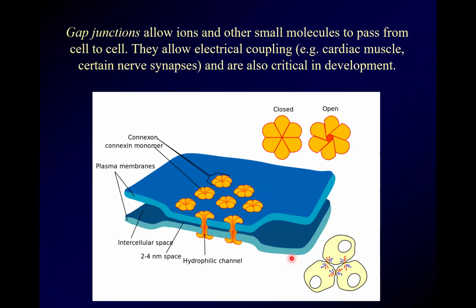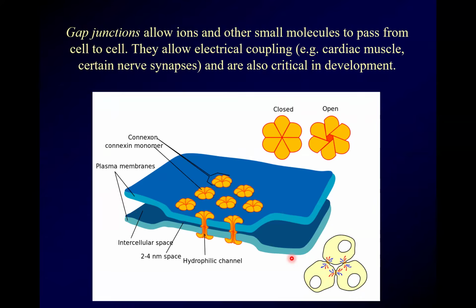Gap junctions join one cell to the other. They're made of these protein subunits that can open or close, and they can allow ions and small molecules to pass from one cell to the next. And these allow electrical coupling. These mean that electrical signals, like action potentials, can easily pass from one cell to the next. So you get a lot of these in cardiac muscle.